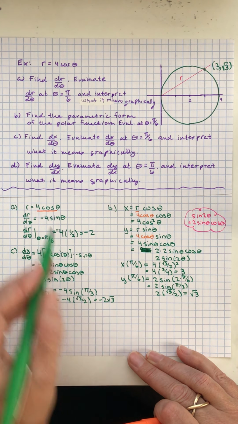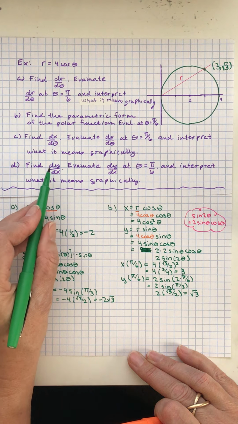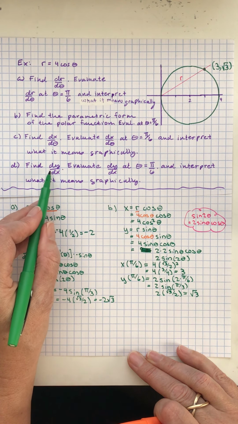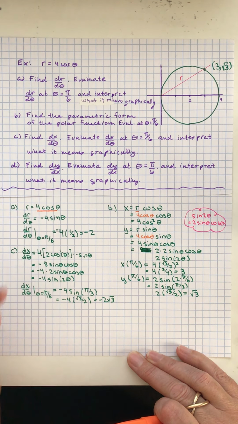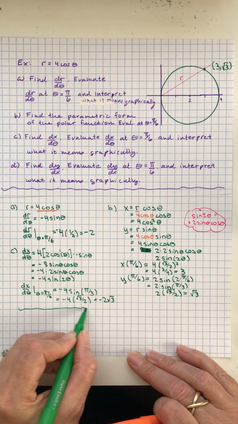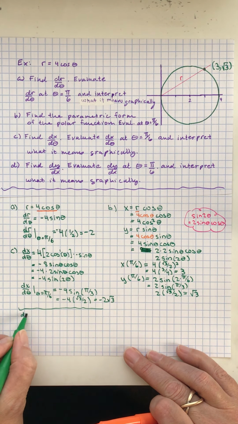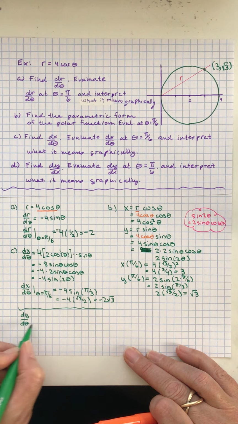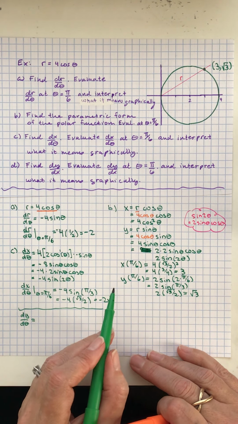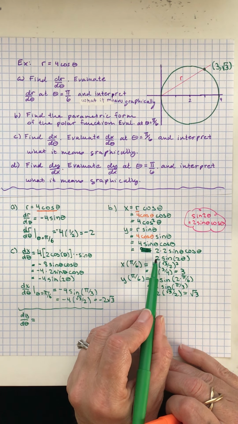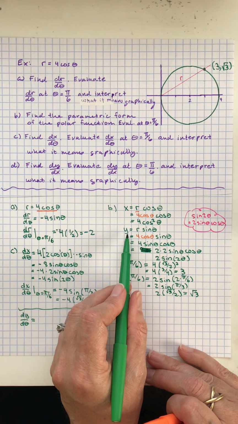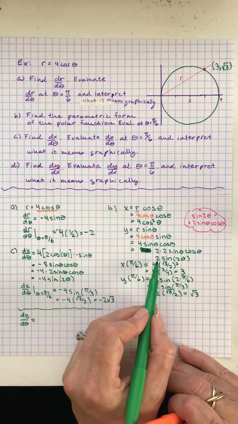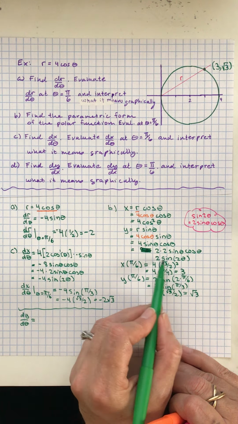And before we get to question D, since it's asking us to find dy/dx, we also are going to need to know dy/d theta. So just in preparation for that question, I'm going to go ahead and find dy/d theta right now. And this is where it comes in handy to have written the y function as simplified as possible.